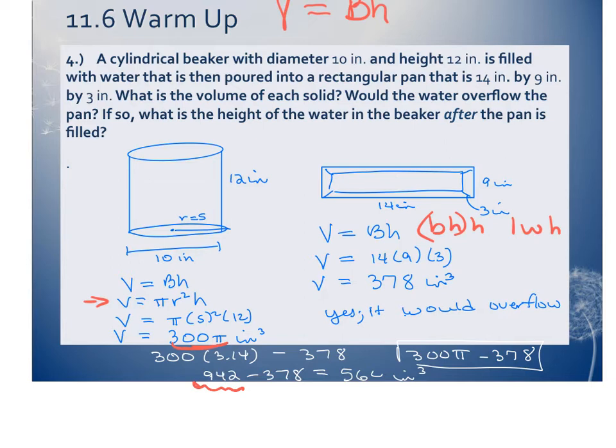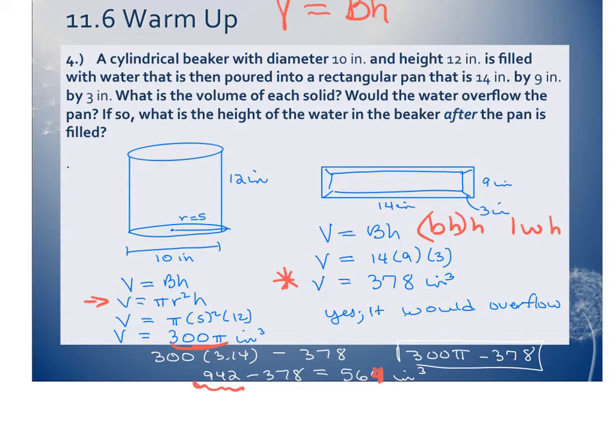The cylinder is going to hold about 942 cubic inches, whereas the rectangular pan is only 378. So yes, it would overflow, and the amount it would overflow by would be about, let's see, my answer got cut off here, so this should be a 4 here, 364. So that's how much it would overflow by.